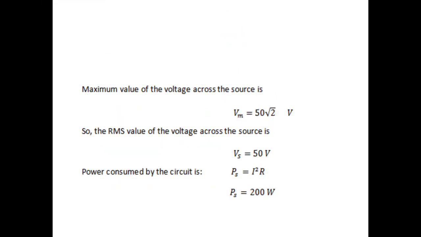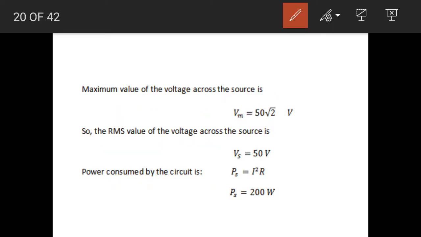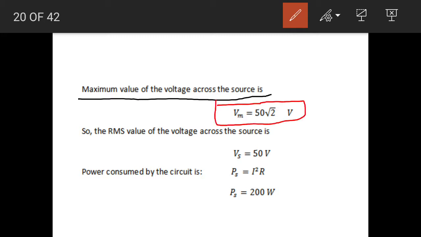We consider the maximum value of the voltage across the source, and the maximum value of the voltage across the source is 50 under root 2. So we divide this voltage by under root 2 and we obtain the RMS value of this voltage. The RMS value of the voltage across the source will be 50 volt, and keep it in your mind that the AC voltmeter reads the RMS value of the voltage, and the AC ammeter reads the RMS value of the current in an AC circuit.